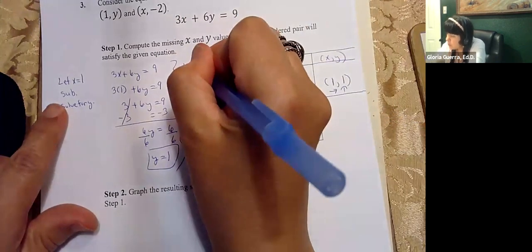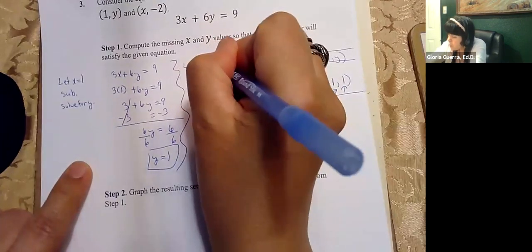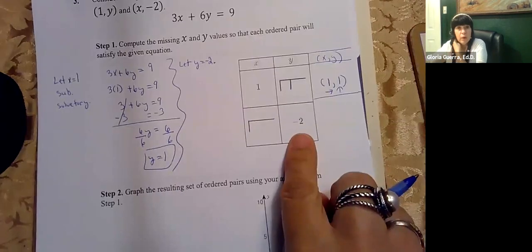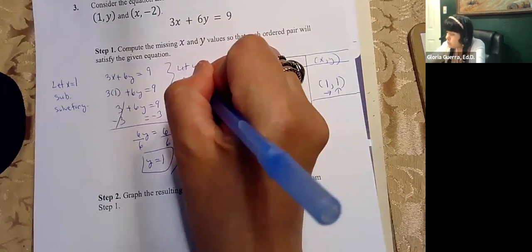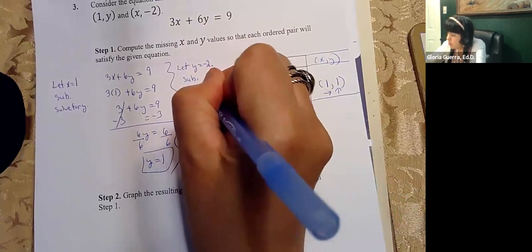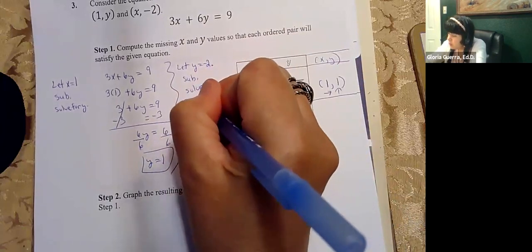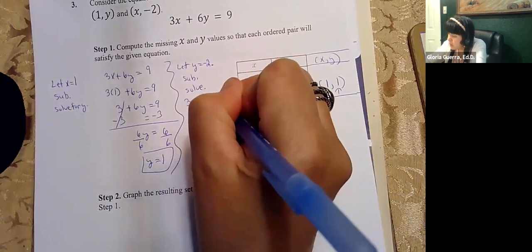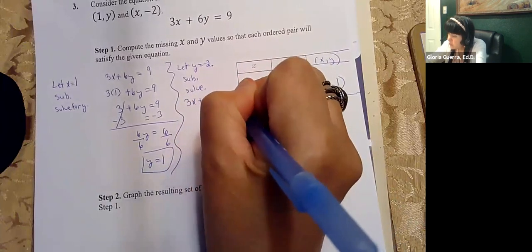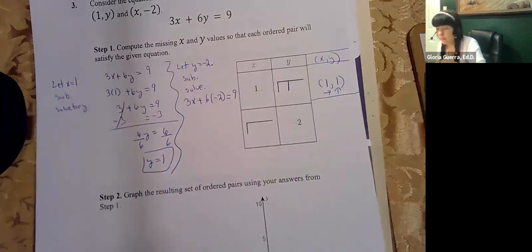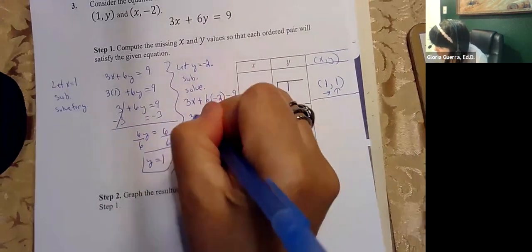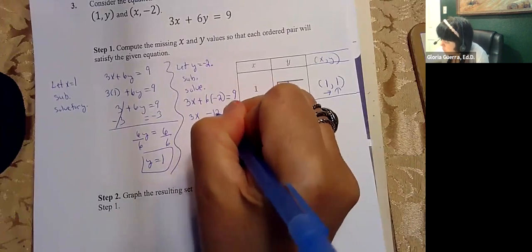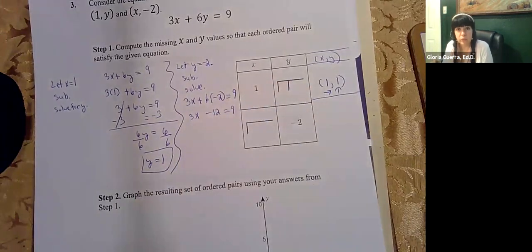This time, now look, we're going to let y be negative 2. And you see it's y. So let y be negative 2, substitute into your equation, and solve. So 3x plus 6 times y, which is negative 2, equals 9. And 6 times negative 2 is negative 12. So I'm going to write it like that, minus 12.